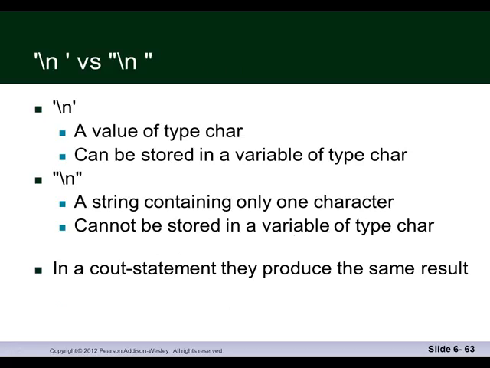Okay, now the difference between the single quote and double quote. I talked about this last time, and we talk a little more about it. The single quote is one character. Even though we call it a \n, that is just one character. It is not two characters.